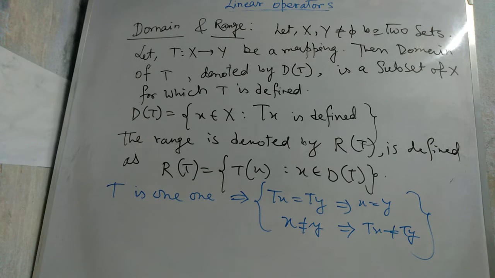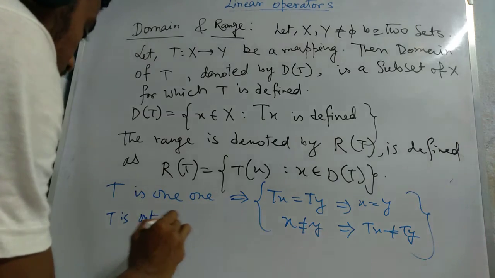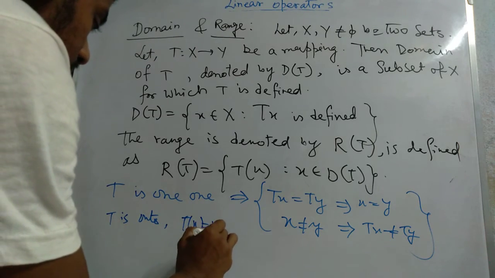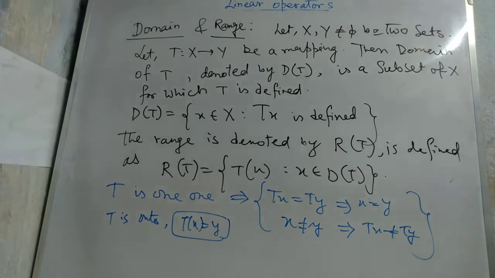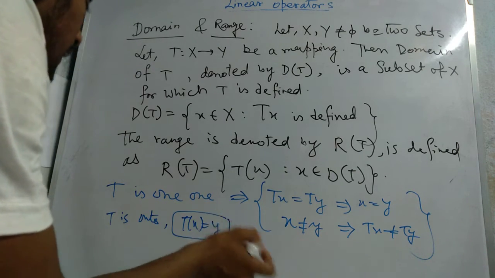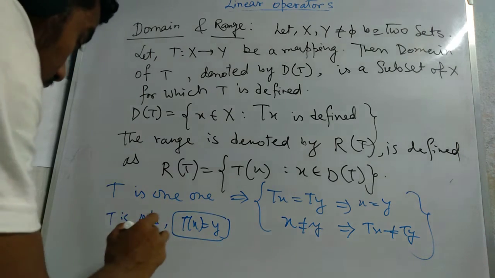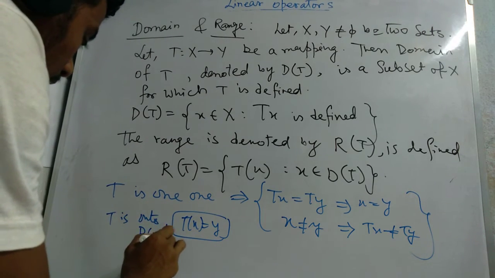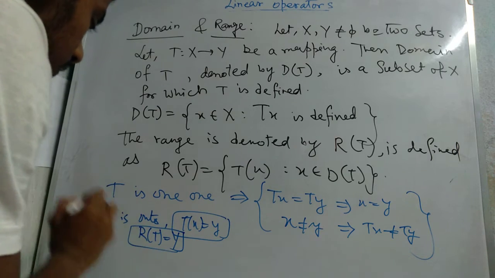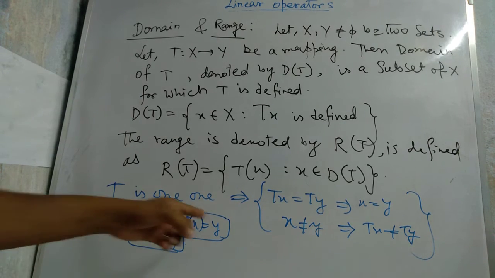And T is onto means that for all y there exists an x such that Tx equal to y. That means R(T) equal to Y. Understand?